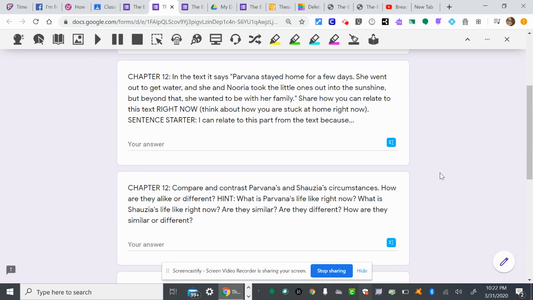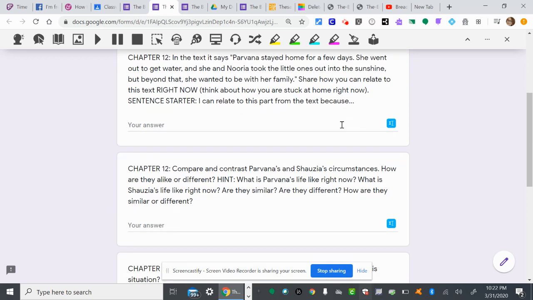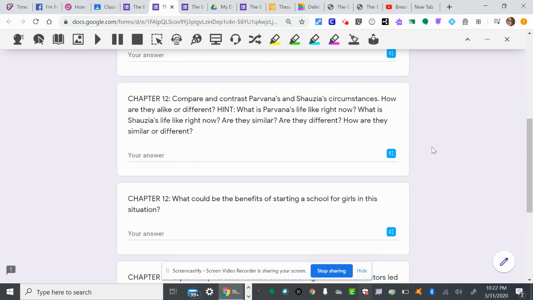If I get another word that I'm not really sure of, relate, I can highlight that and click on the dictionary. Compare and contrast. Now, that's a little bit complicated, but Miss Quigley gave you a hint where I made this question into a couple other different questions that could be answered the same way.